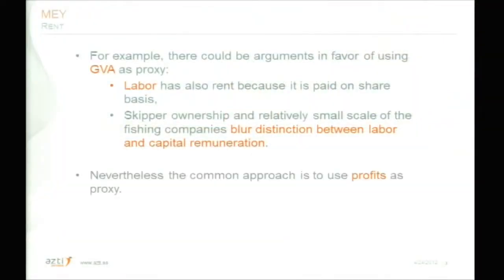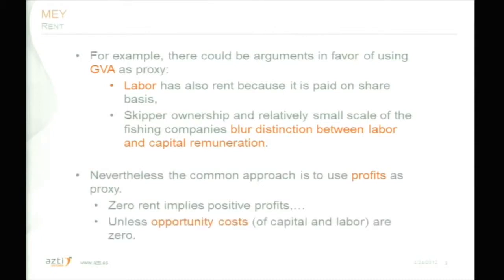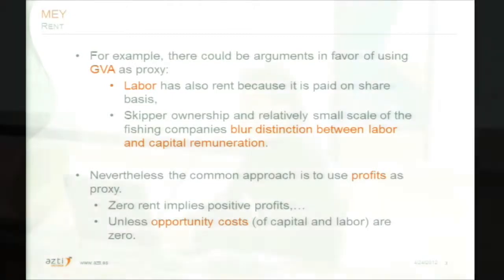Nevertheless, the common approach in order to proxy what we call rent is to use profits. And in that sense, zero rent implies positive profits, unless you consider that the opportunity costs of capital and labor are zero. So this is the difference between rent and profits.